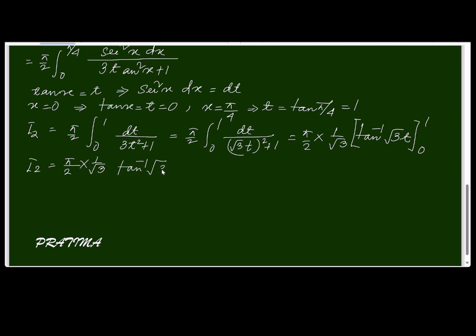Tan inverse root 3 equals pi by 3, sorry, pi by 3. So it will be pi over 2 root 3 into pi by 3. So this will be pi square over 6 root 3, which is the answer.